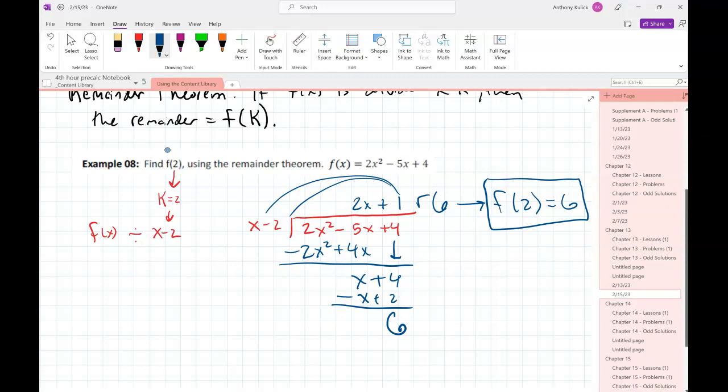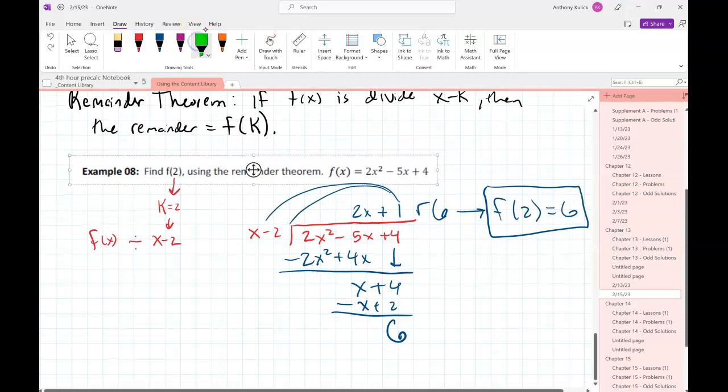Yes? How did you get the x minus 2 that's on the outside? Because k is 2, so that tells me that I'm dividing by x minus 2. What does the theorem say?